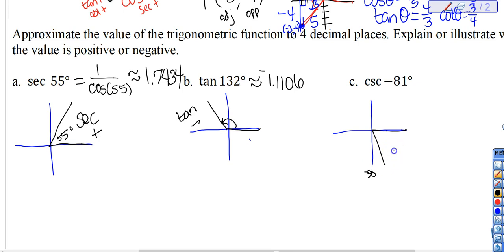So here's what I know about cosecant. Be careful. This is cosecant, not cosine. Cosecant's the reciprocal of sine, so that means your answer should be negative.